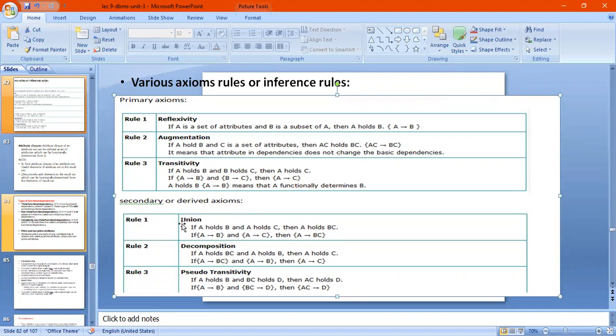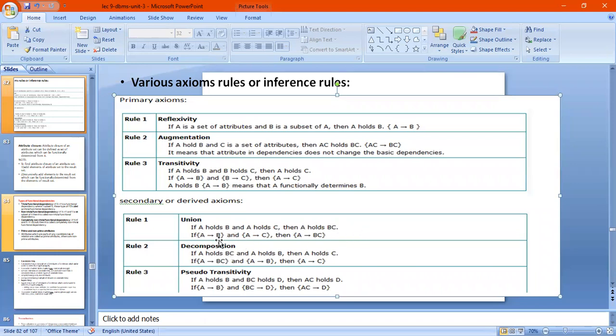Rule 1 is union, rule 2 is decomposition, and rule 3 is pseudo-transitivity. Let's see rule 1, the union. If A holds B and A holds C, then A holds BC.